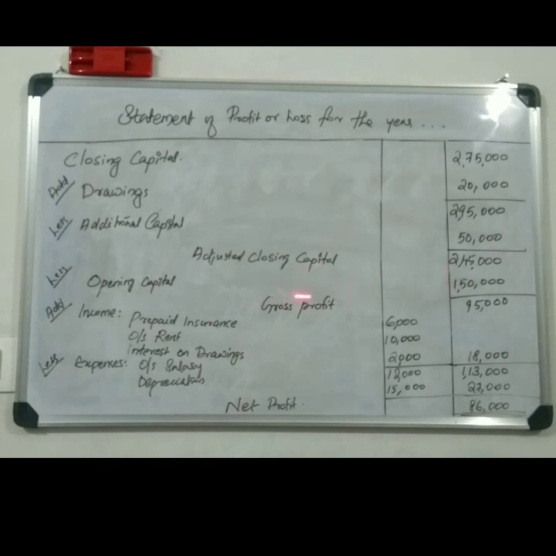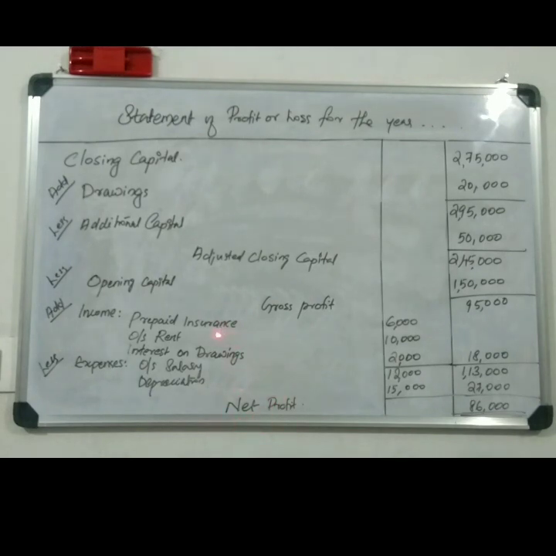Now, along with the gross profit, we have to add all incomes. So what are the incomes given here? Insurance paid in advance or prepaid insurance premium, which is 6,000 rupees. Then rent due but not received, that is outstanding rent, 10,000 rupees. Then there is interest paid by Mr. Arun on the withdrawal made, that is interest on drawings, 2,000 rupees.